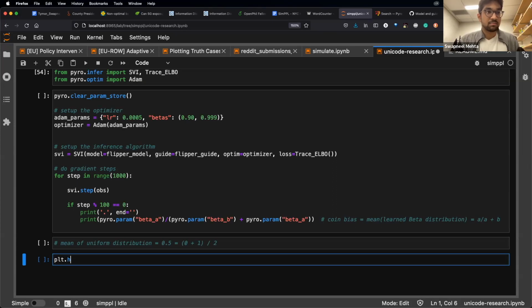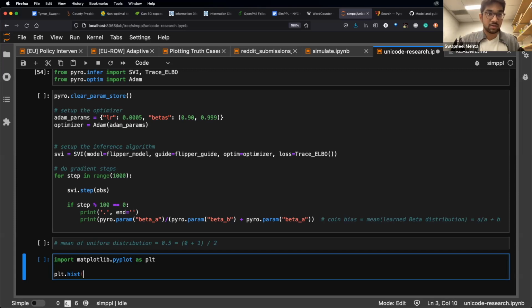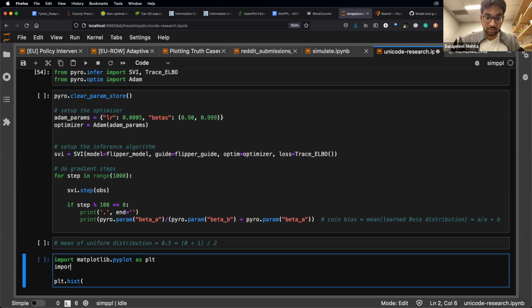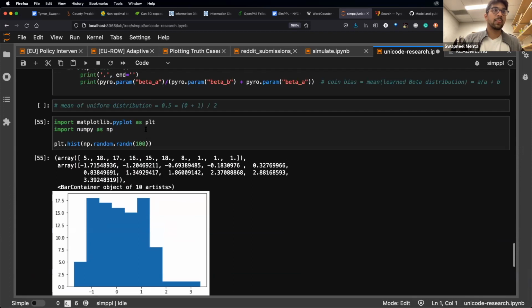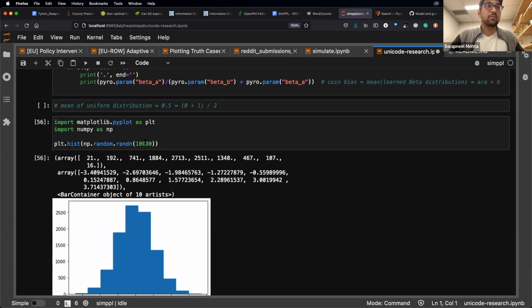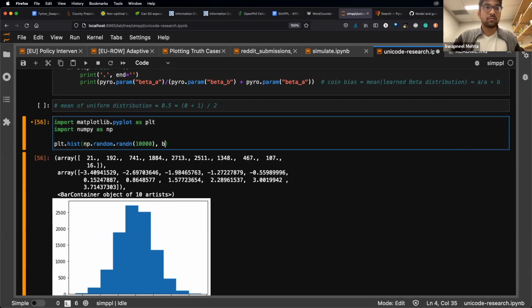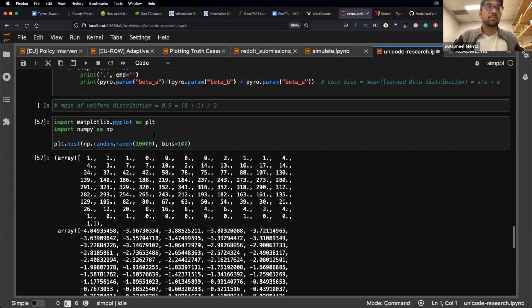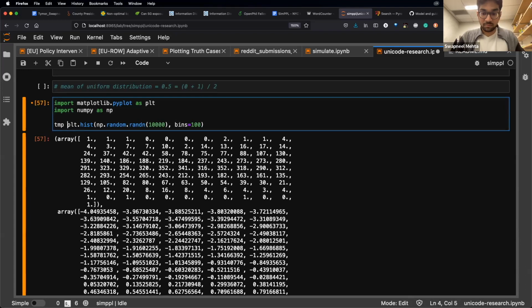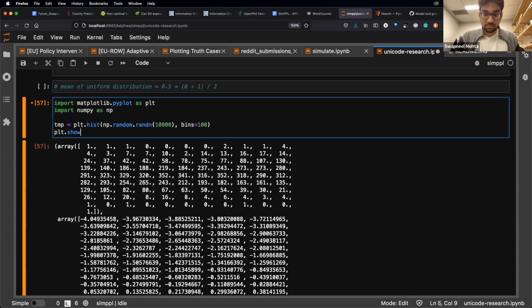Let's say I've imported matplotlib.pyplot as plt, and I want to do plt.hist of np.random. Okay, cool.